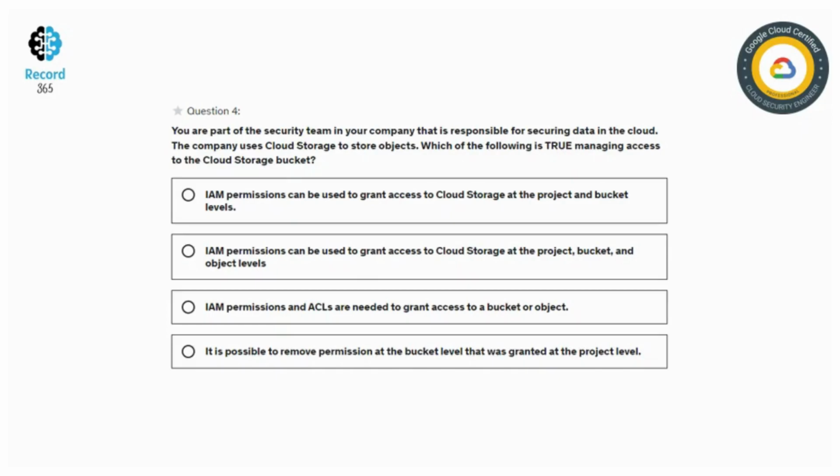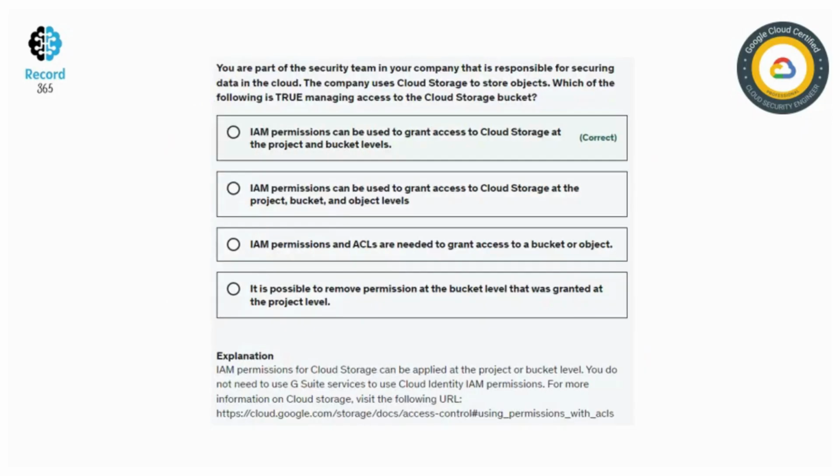And the right answer is option A. The IAM permissions can be used to grant access to Cloud Storage at the project and bucket levels. And this is the explanation for this.